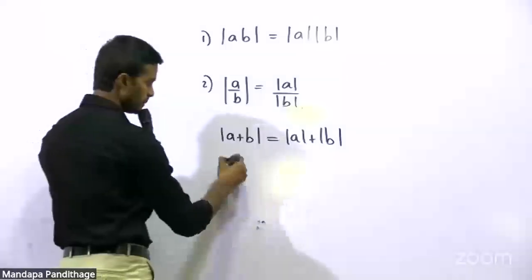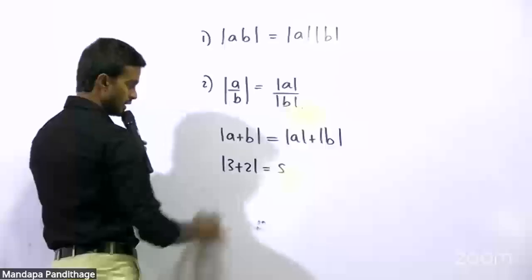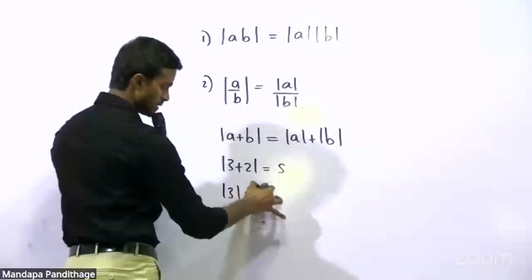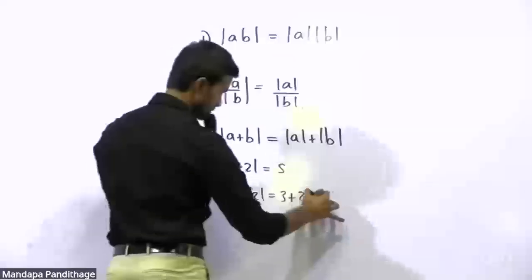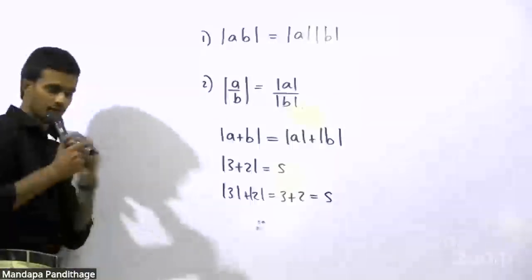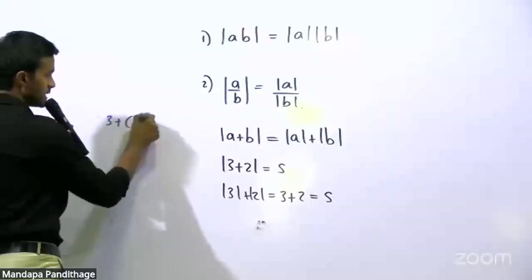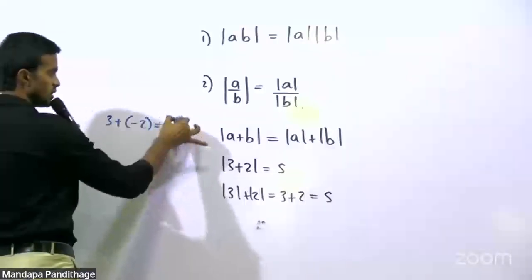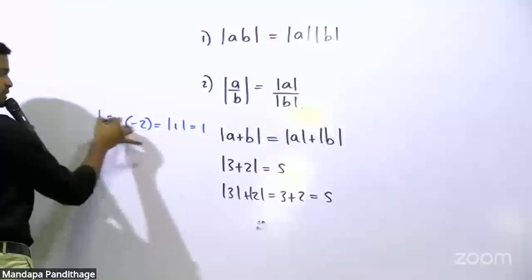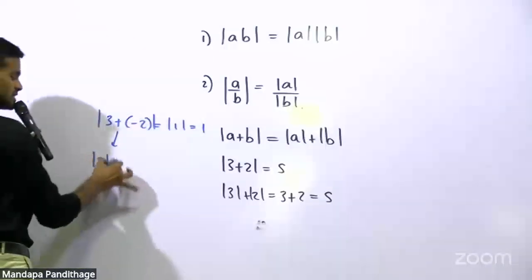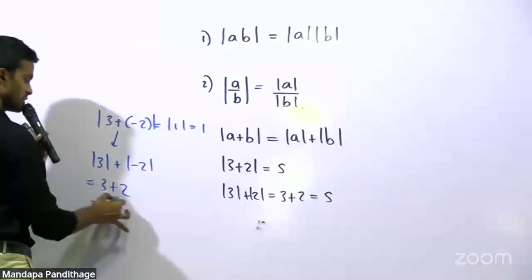If I show you modulus of 3 plus 2 is equal to 5, and if you split it you get 5, the same answer. Now let's say you have 3 plus minus 2, which is modulus 1, equal to 1. But if you split this into two terms, modulus 3 plus modulus minus 2, which is 3 plus 2, equal to 5.